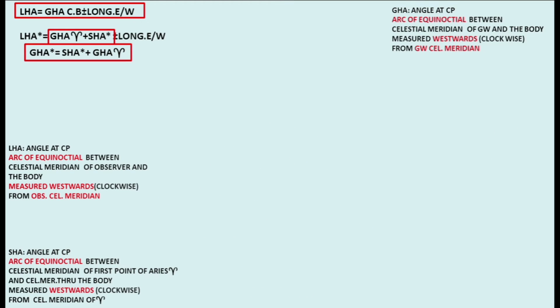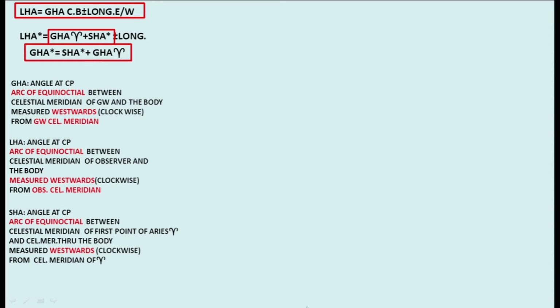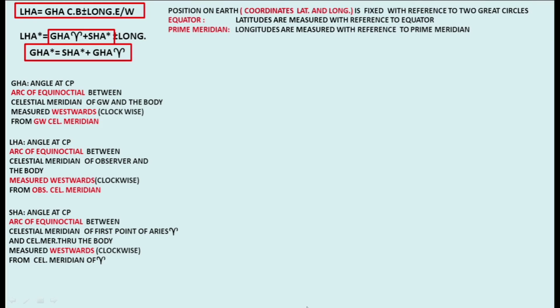Now all these things we talked about, the declination, the LHA, GHA, SHA, are all arcs of the equinoctial and measured westwards, except declination, which is north and south. Now position on the earth is given by the coordinates of latitude and longitude, which are measured in reference to two great circles: one is the equator and another is the prime meridian.